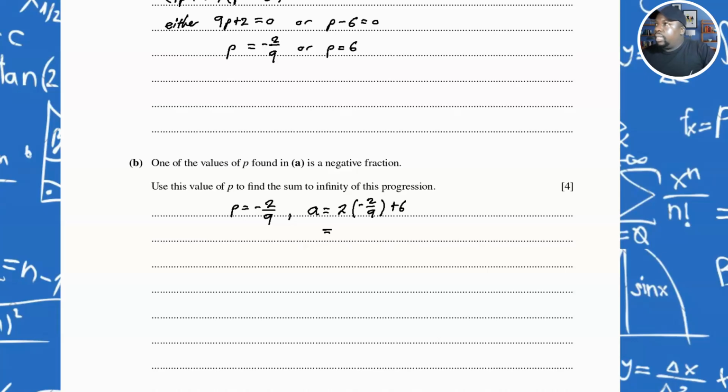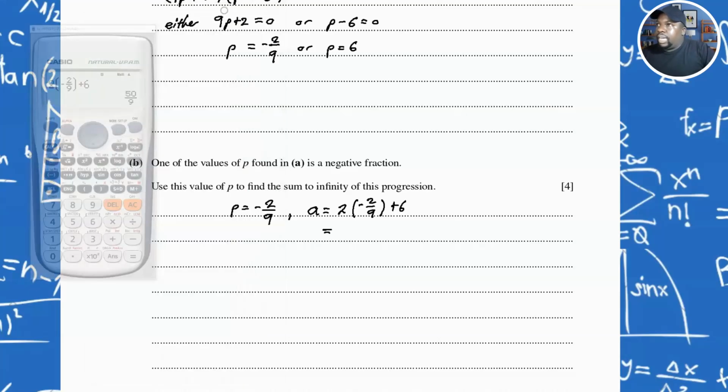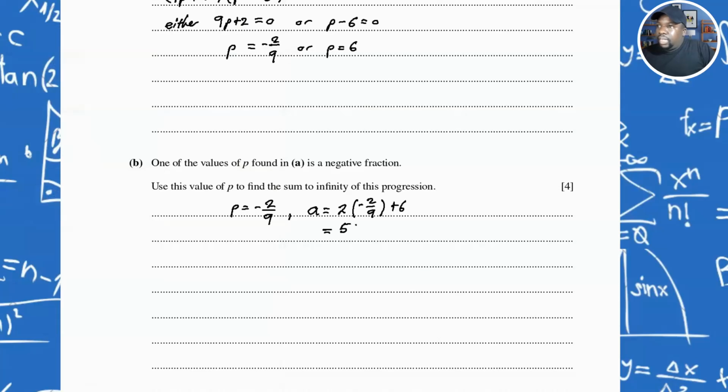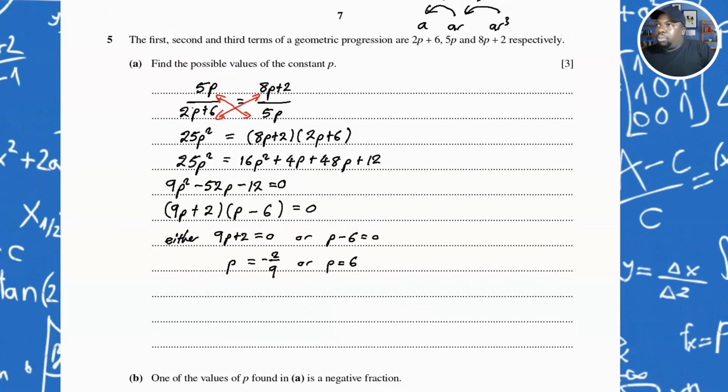Quickly, 2 of minus 2 over 9, plus 6. And that's 50 over 9. So we have 50 over 9. That's our A. Then common ratio r can be 5p over 2p plus 6, or we can use 8p plus 2 over 5p.